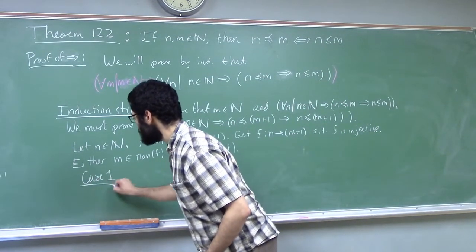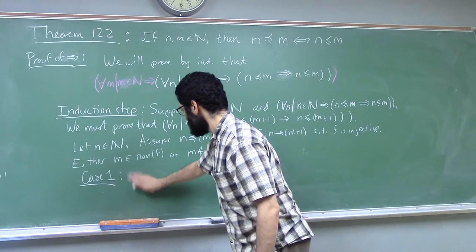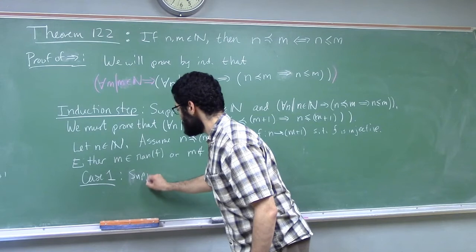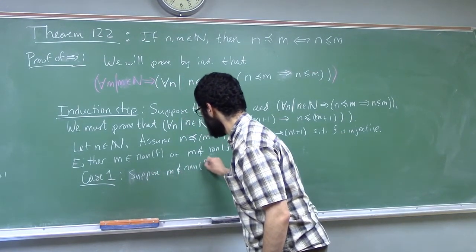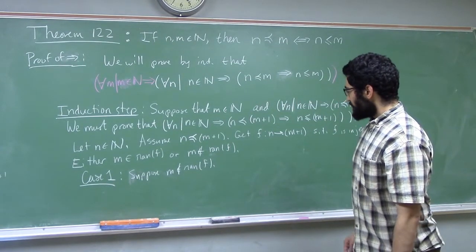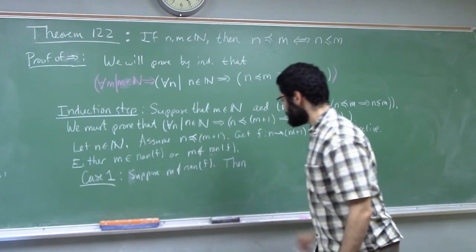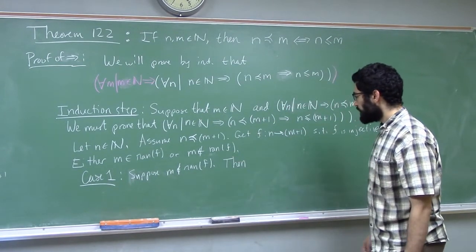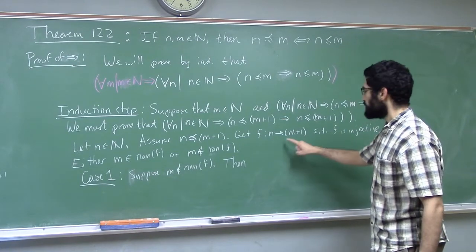Case 1, and this will be the easy case that we can deal with immediately. Suppose m is not in the range of f. Then I claim that f is actually a function from n to m.